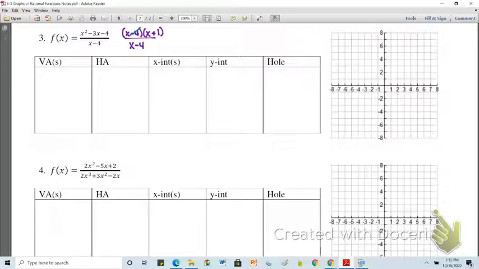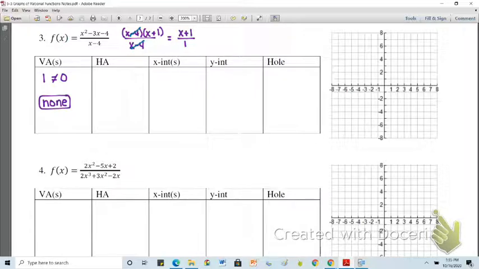So notice the x minus 4's cancel out, and that leaves me with x plus 1 over 1. So for vertical asymptotes, I set the denominator equal to 0. 1 cannot equal 0, therefore there is no vertical asymptote.